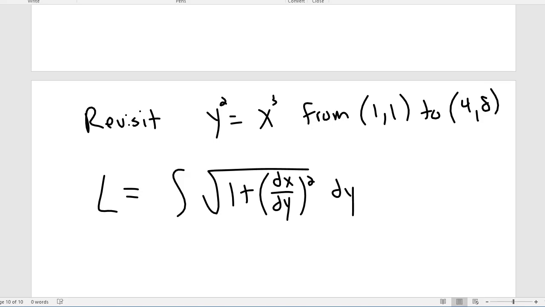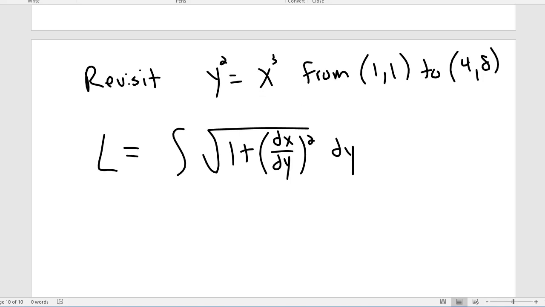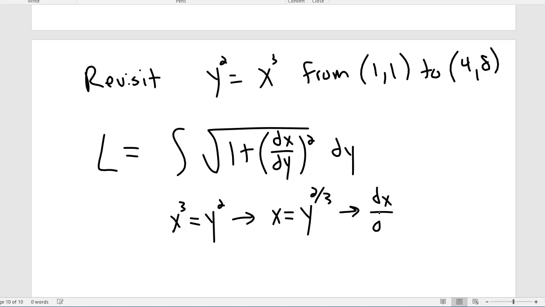Now, again, for this equation, we weren't explicitly given x as a function of y, but we could easily solve for x. So we have x cubed equals y squared. I'm going to take the 1/3 power of both sides of the equation, so I'm going to get x equals y to the 2/3, and then I'm going to find dx/dy. I'm going to bring the power down and take 1 away from the power.